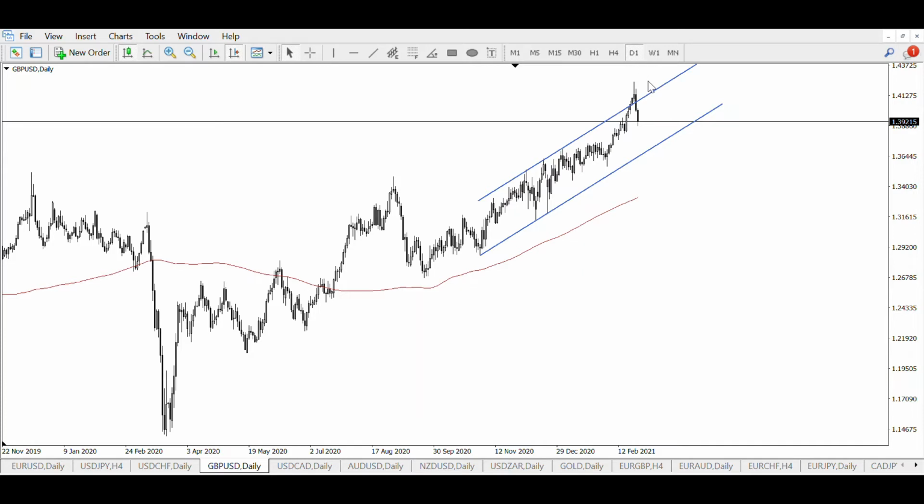Now, why this is a fake breakout is because price went up, closed above the resistance, and then dropped back down. It didn't retest and shoot back up. So knowing that and seeing what is going on with my support, and let me just give you guys a hint.